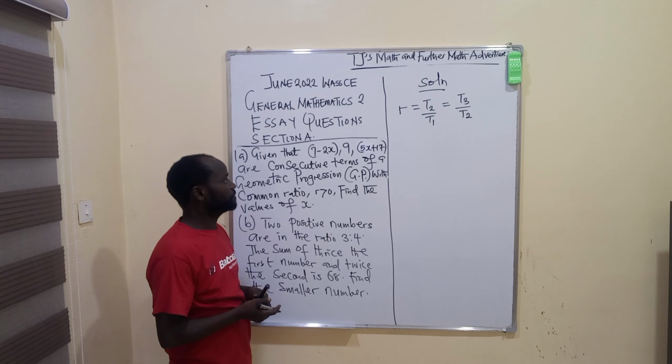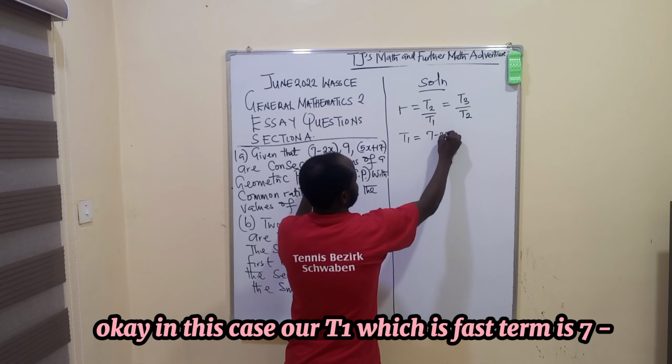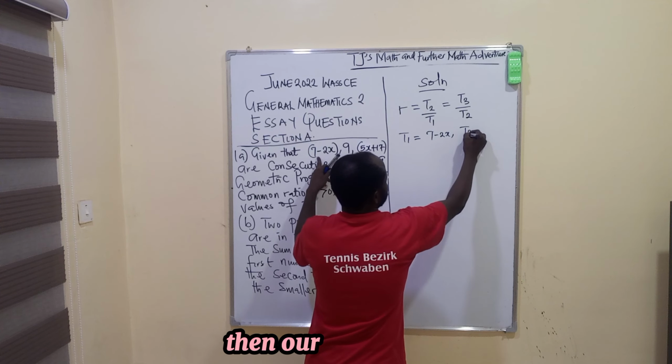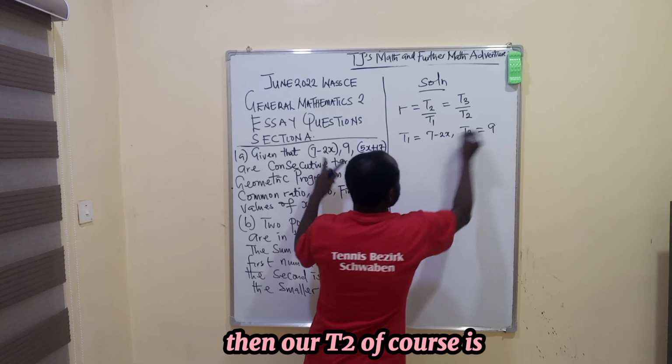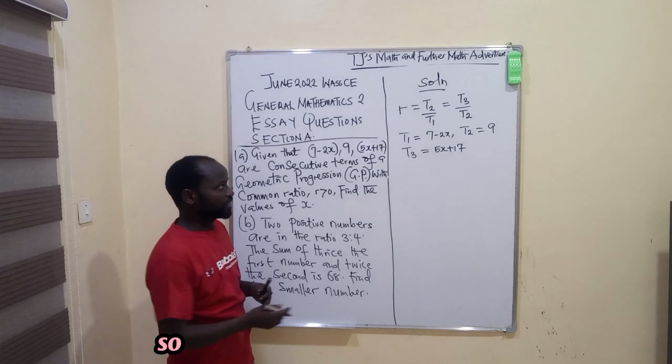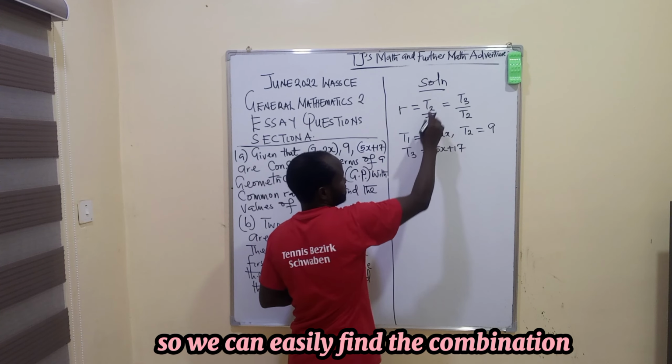In this case, our T1, which is the first term, is 7 minus 2x. Then our T2, of course, is 9, and our T3 is 5x plus 17. So we can easily find the common ratio. Let's substitute.